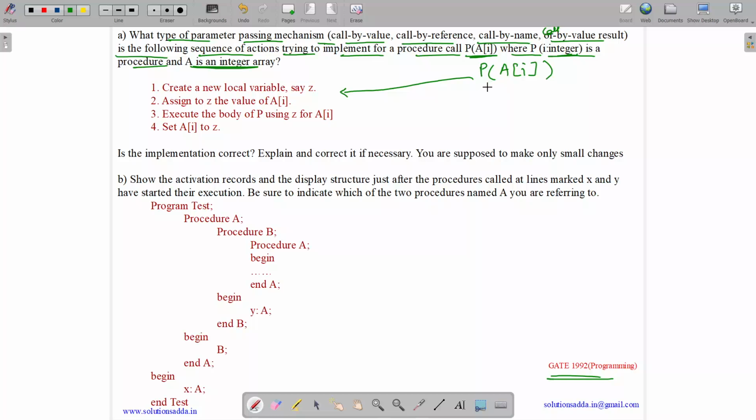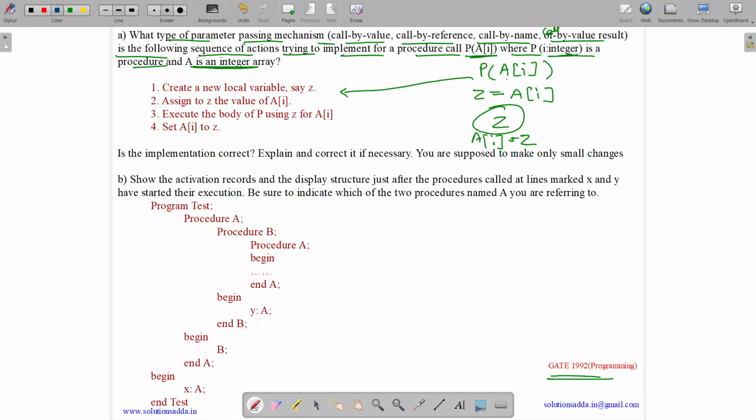This procedure has the following contents. Create a new local variable z, and assign the value of A of I to z. Execute the body of P using z, so it uses z in the entire function, and then set A of I to z. See carefully what it is doing.